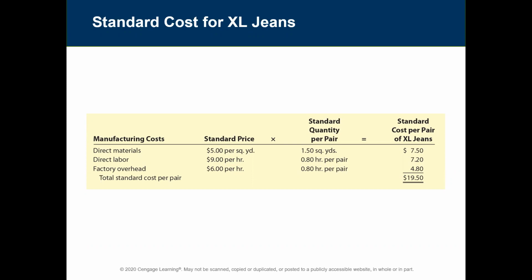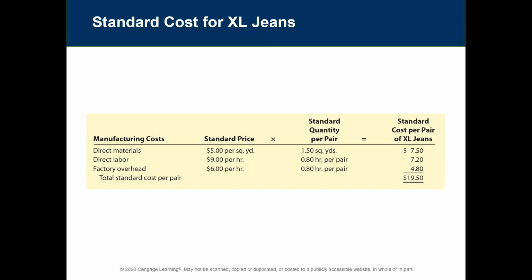Here's what's going to go into this product. For each one of those raw materials or direct materials that goes into a product, there are going to be 2 separate standards. How much are we going to use of that raw material, and how much per unit is that raw material expected to cost?